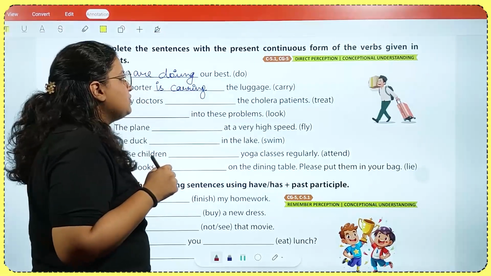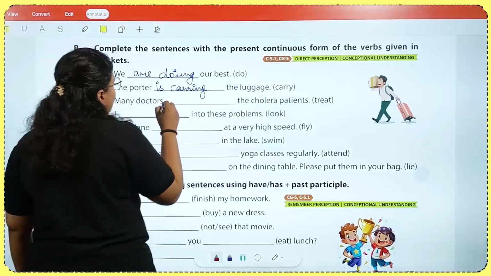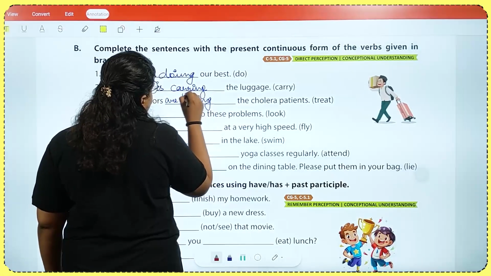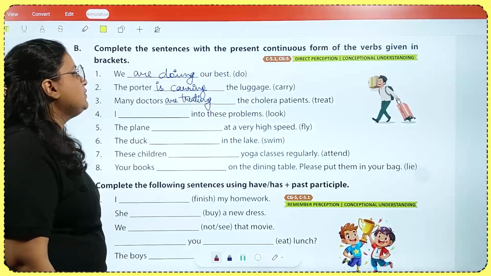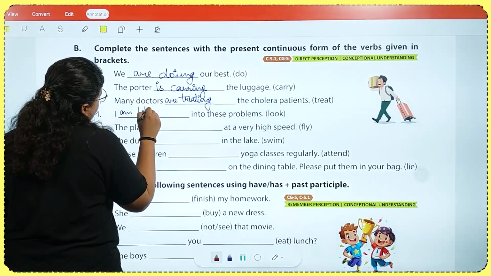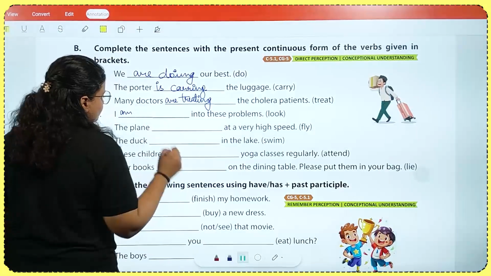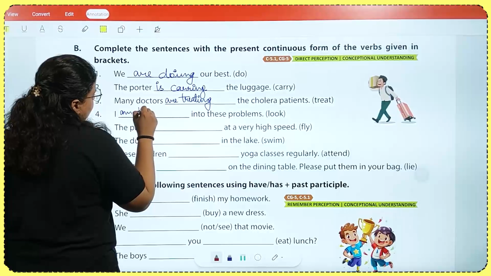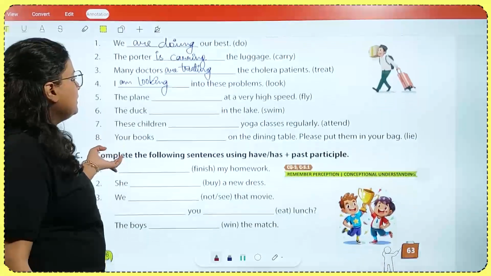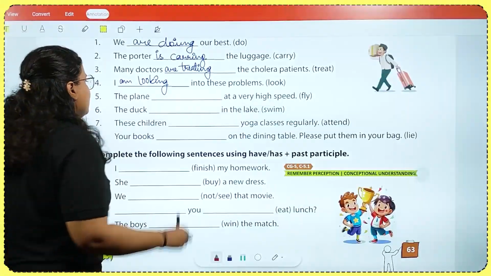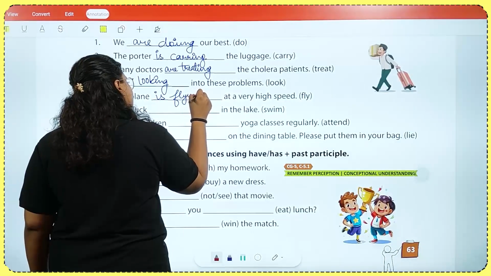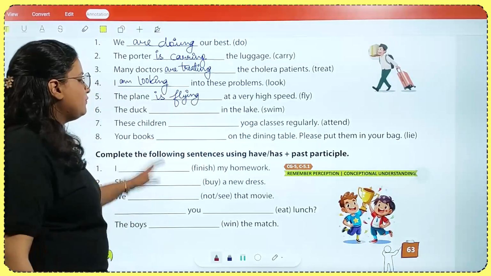Many doctors are treating the cholera patients. I am looking into the problem. The plane is flying at very high speed. Okay, the rest you have to do on your own.